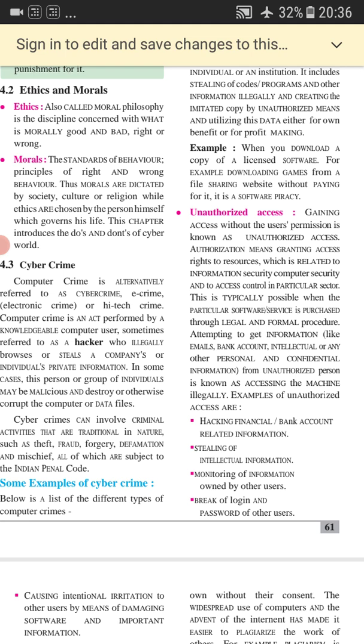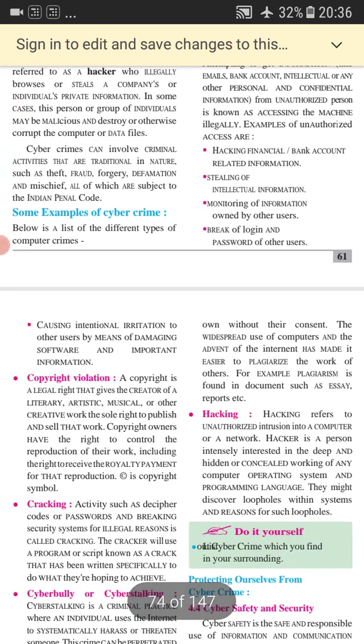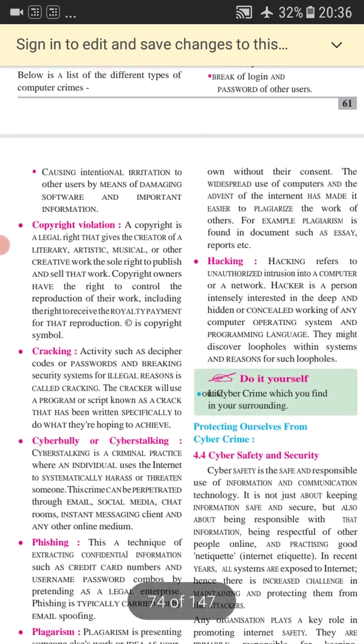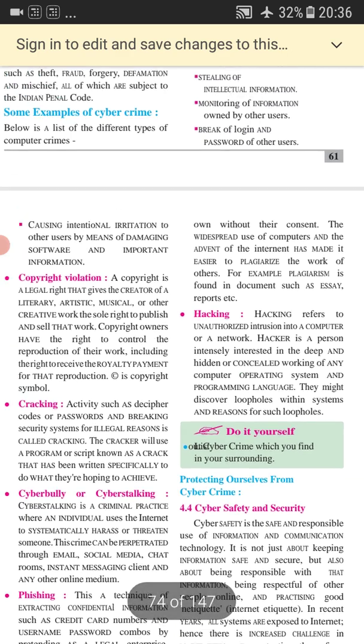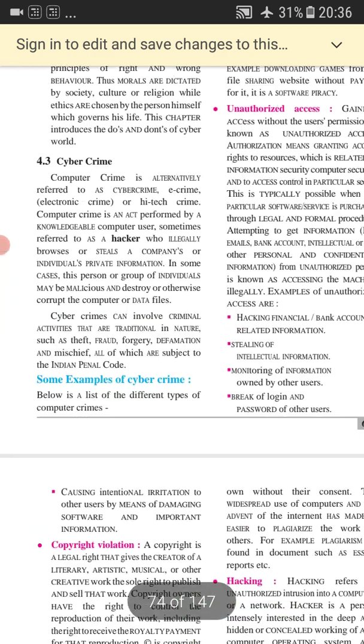I recommend that you do not do these things: unauthorized access, copyright violation, cracking, cyberbullying, phishing, plagiarism, and hacking. These are all cyber crimes, so try to avoid all these things.